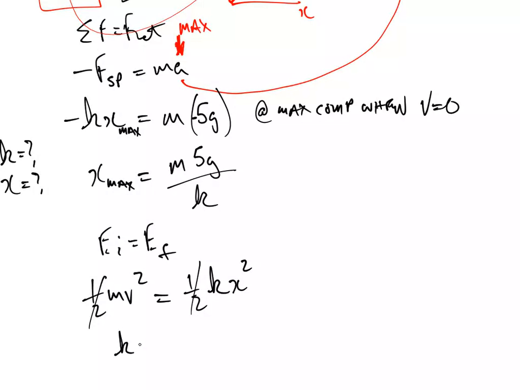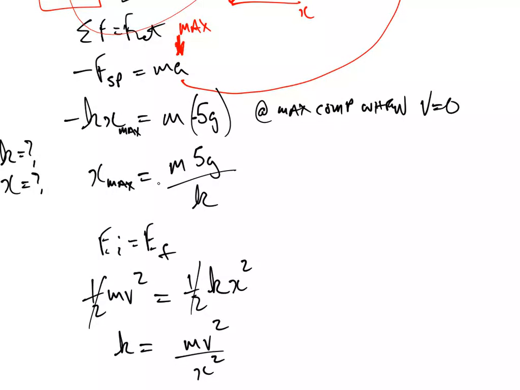So k is going to equal m v squared divided by x squared.